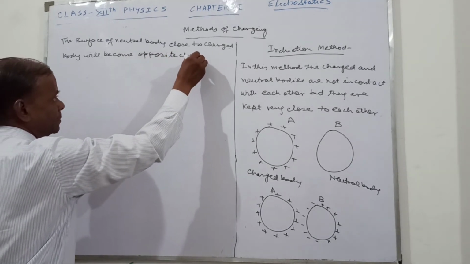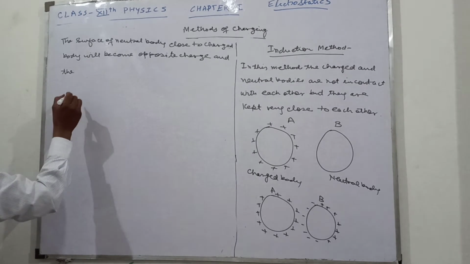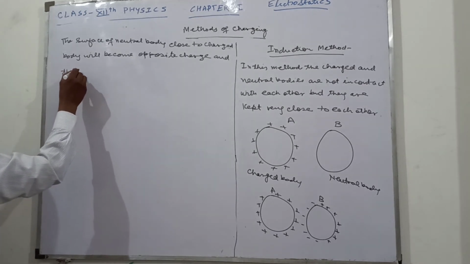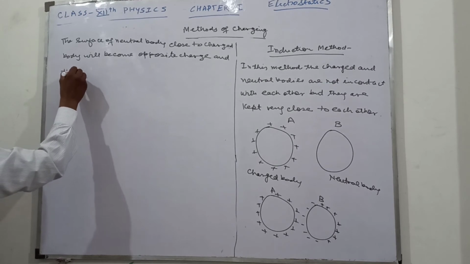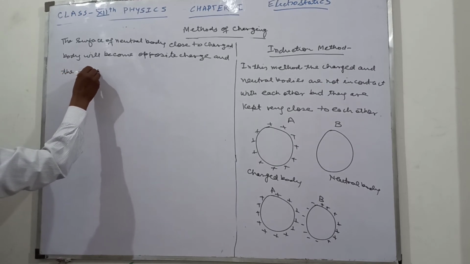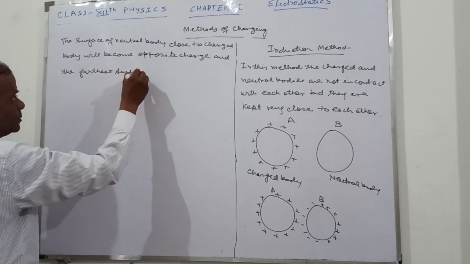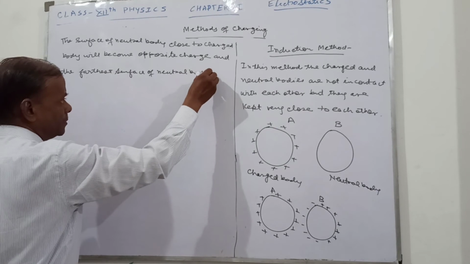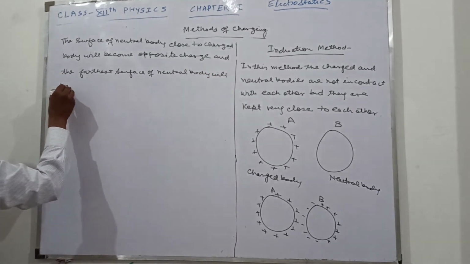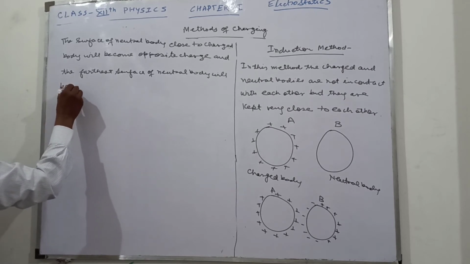Opposite charge. And the farthest surface of the neutral body will be positive charge, the same charge.